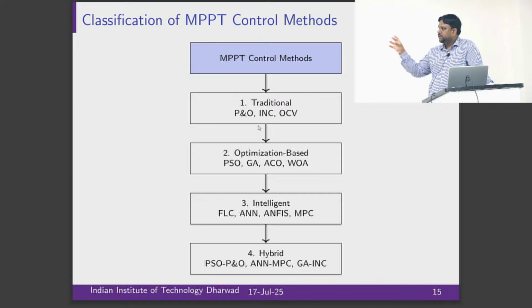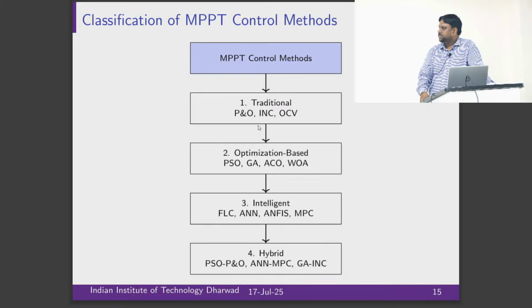Different intelligence techniques have their own objective, basically their own mathematics. So those from a machine learning background, this is the same philosophy, but its application is how to maintain the MPPT here. So particle swarm optimization, different optimization based techniques are also available, genetic algorithm.